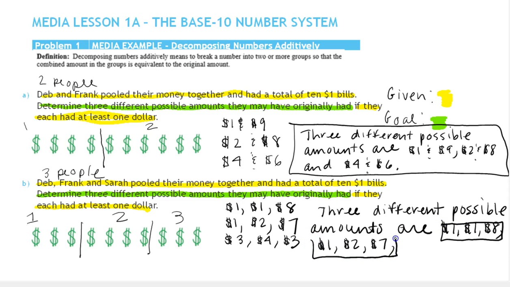This is the second grouping, and the final grouping is $3, $4, and $3. We'll put that in a box as well.